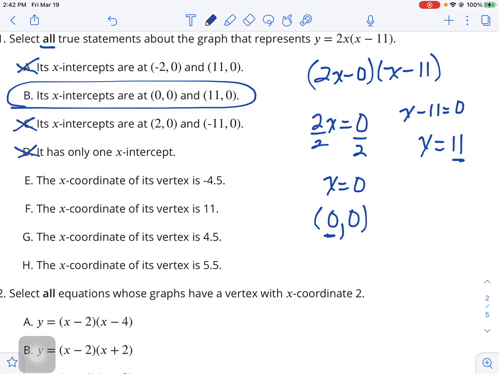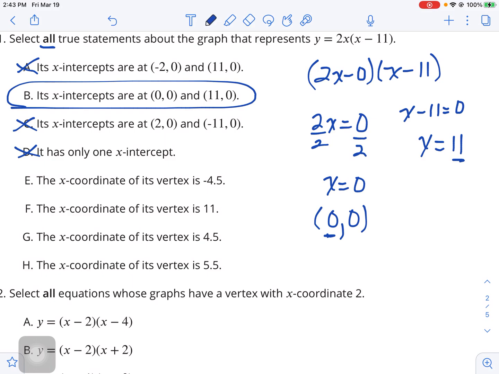So if this graph goes through 0 and 11 over here, the vertex is going to be halfway between those two. So if we just add them together and divide by 2, we'll get the x-coordinate of the vertex.